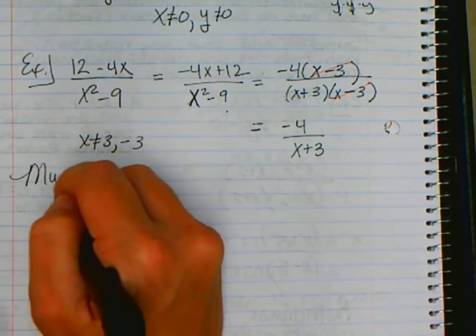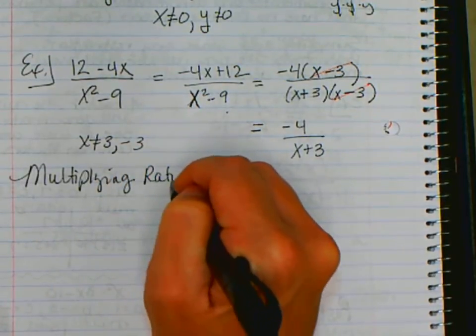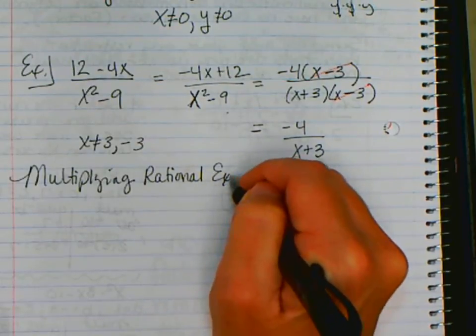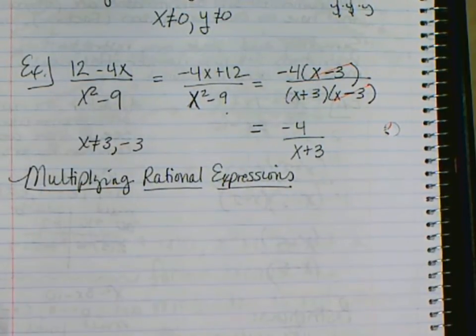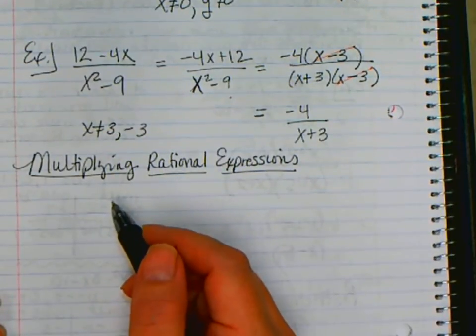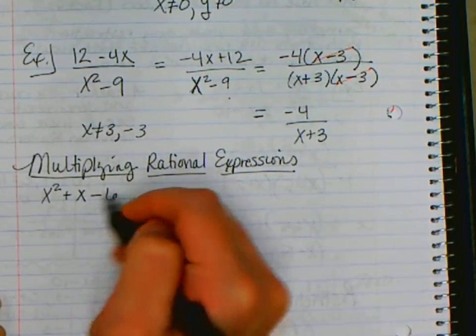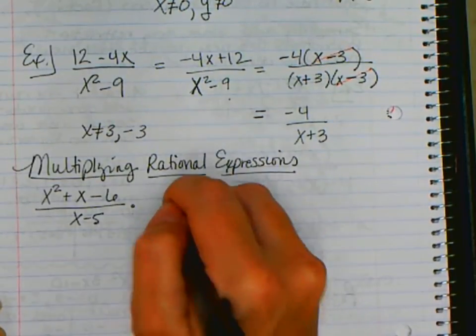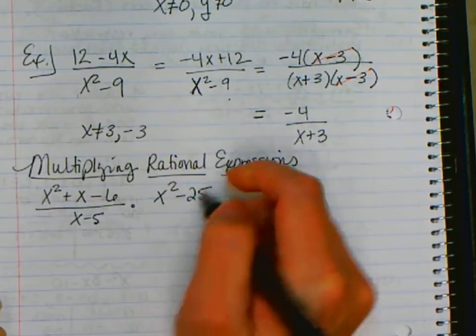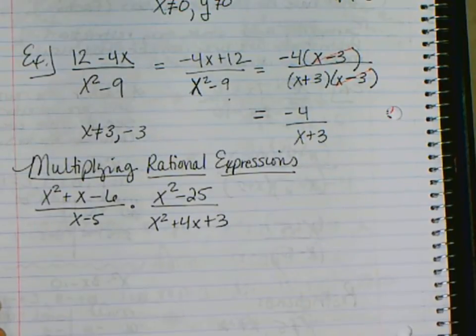Now let's multiply. All right, we're going to find the product, which obviously means multiply, of x squared plus x minus 6 divided by x minus 5 times x squared minus 25 divided by x squared plus 4x plus 3.